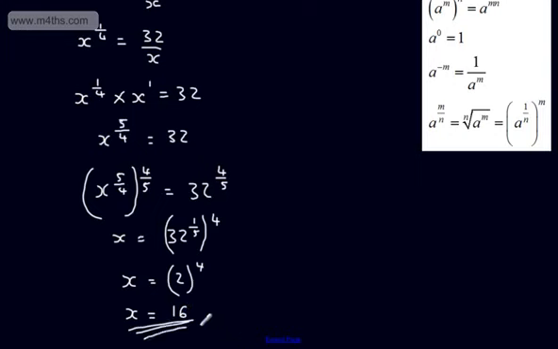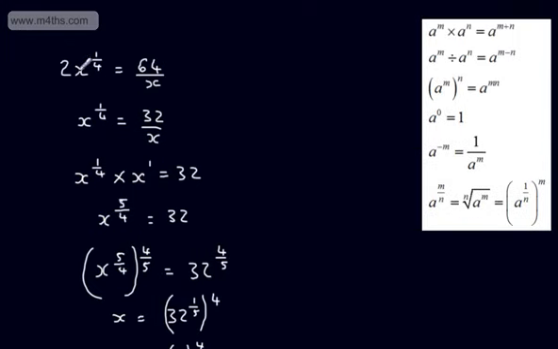At this stage, I want to check if this works. So we'll sub it in: we've got two lots of 16 to the power of 1/4. Is that equal now to 64 over 16? So let's look at this. This 16 to the 1/4 power, the quarter root of 16 is 4. Sorry, there's my error. It's 2.